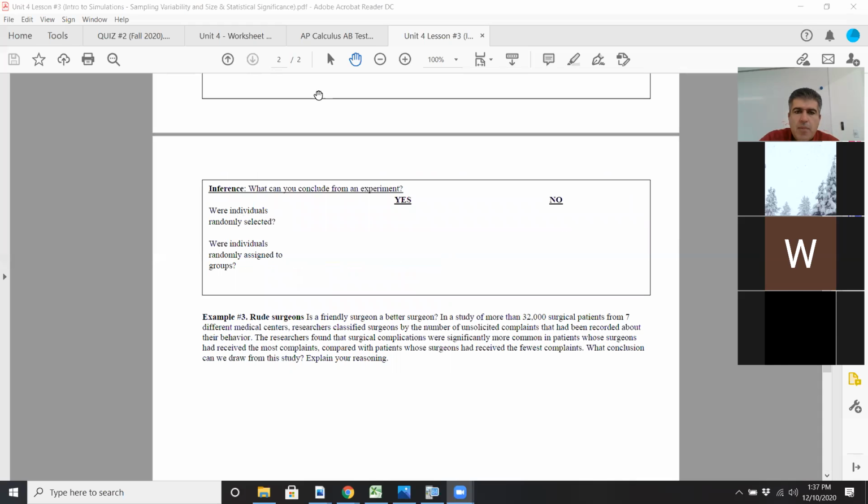is that when individuals are randomly selected, we can draw conclusions about the population. And were individuals randomly assigned to groups?